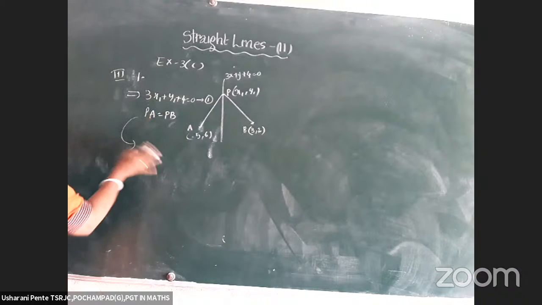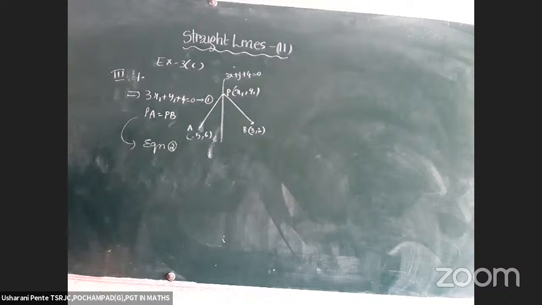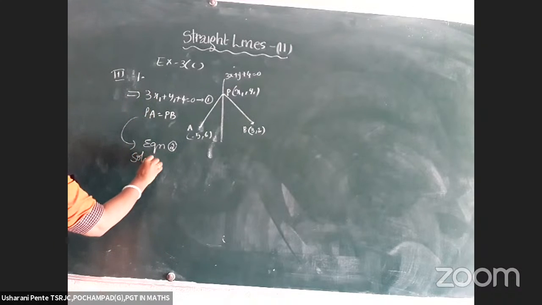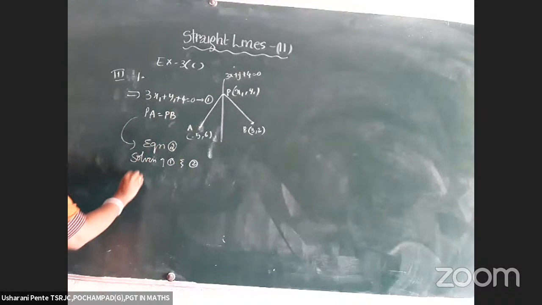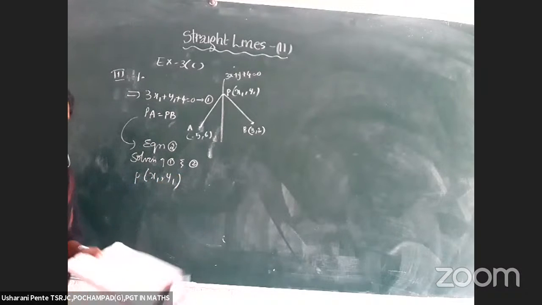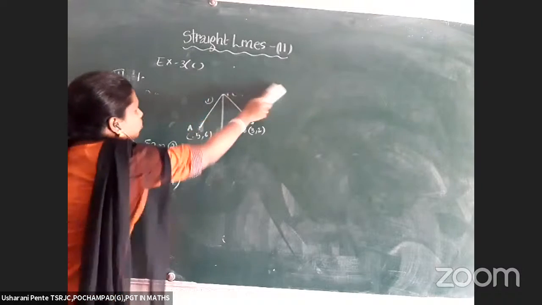Let it be equation 2. Solving 1 and 2, you will get the coordinates of point P, that is x1 comma y1. They are asking only that in the question. This is the first sum you have.